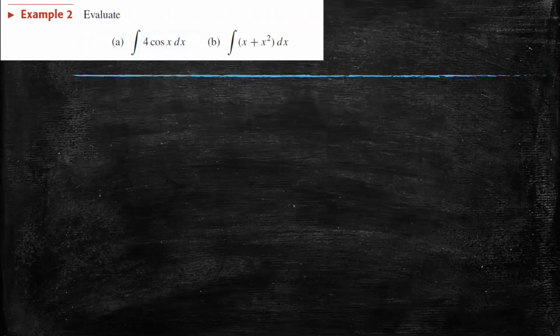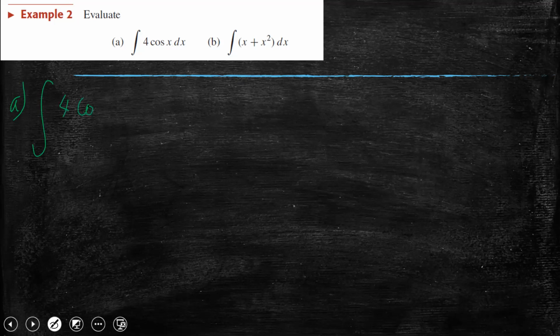Let's have here some examples. Evaluate integration of 4 cosine x dx. Now, here as we see, we have a constant. Let's put the constant outside the function.